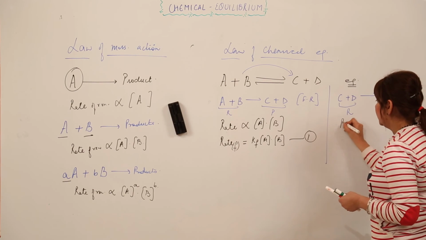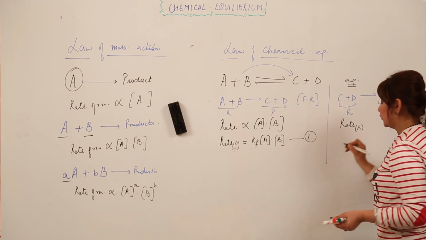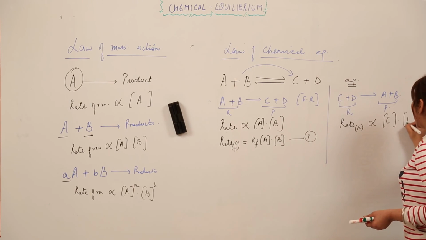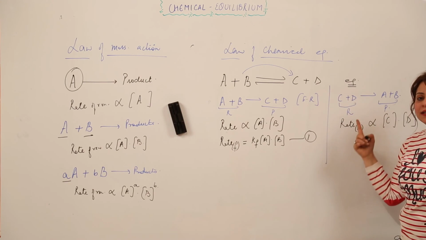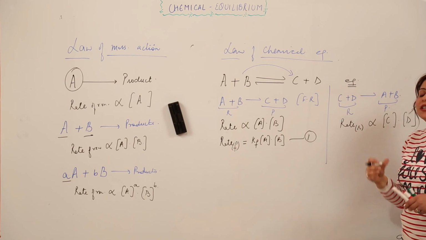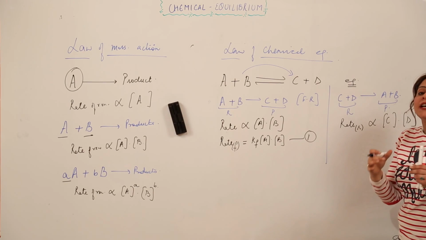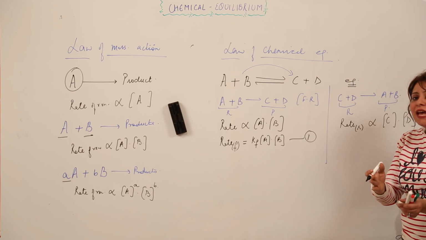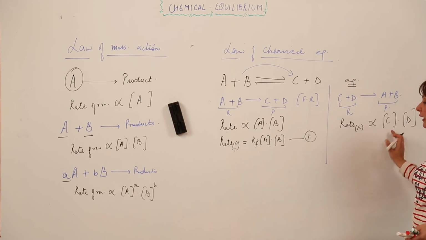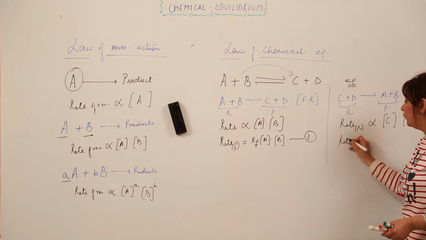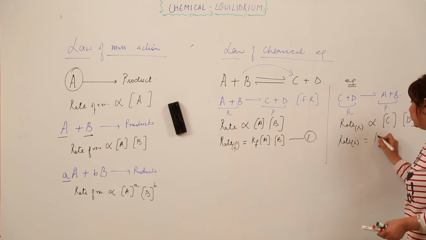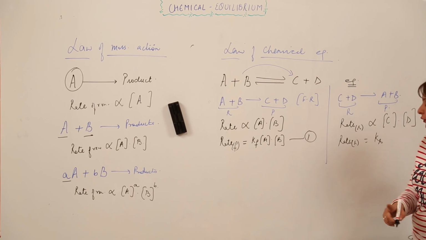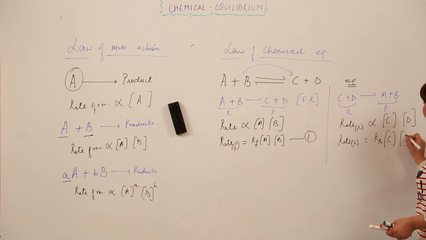Now the rate of the reversible reaction, so I am writing R with subscript r, right, is directly proportional to the concentration of the reactants, and in this case the reactants are C and D. So I am just enclosing C and D in brackets, stating that I am taking the concentration of C and the concentration of D. This I have done, right. Now in the second step I am removing the proportionality sign, and I am putting the constant Kr. Now you know what Kr is, it is the constant for the reverse direction, right. So I am just writing again the reactants.